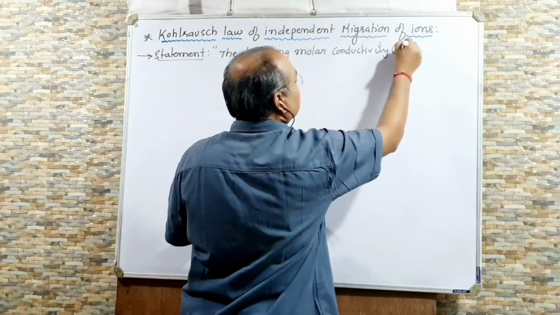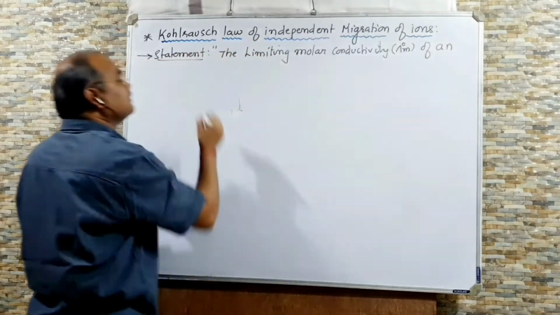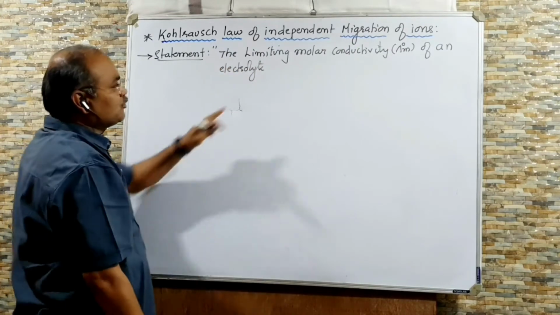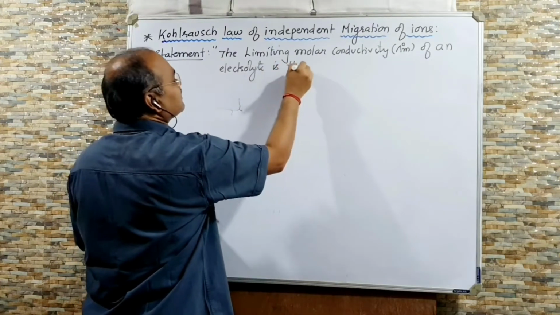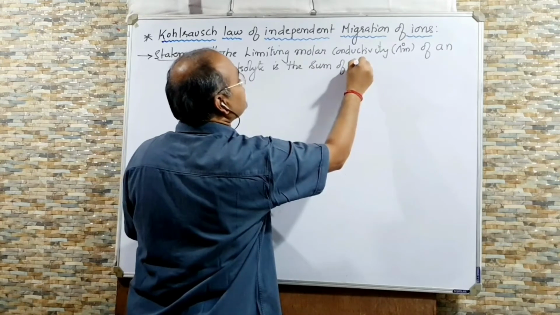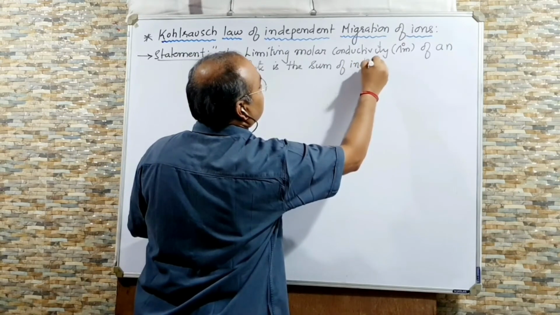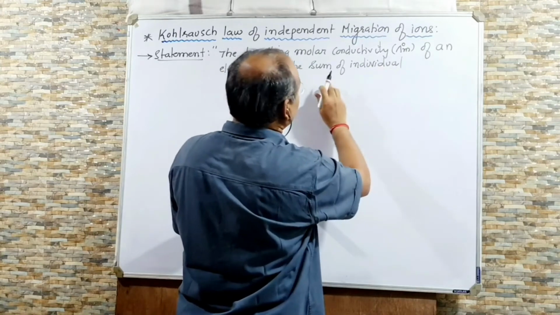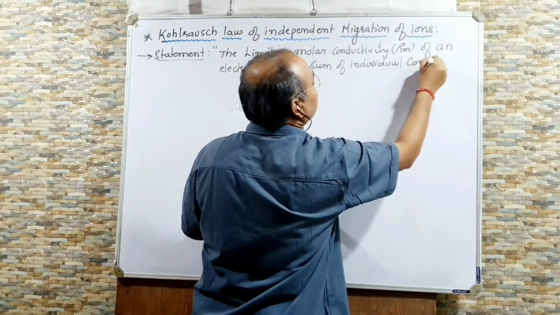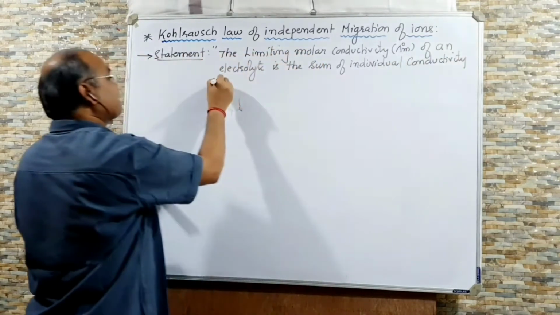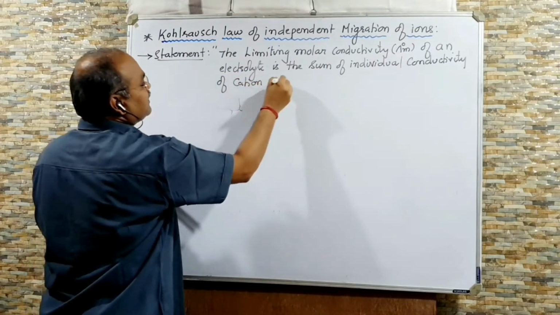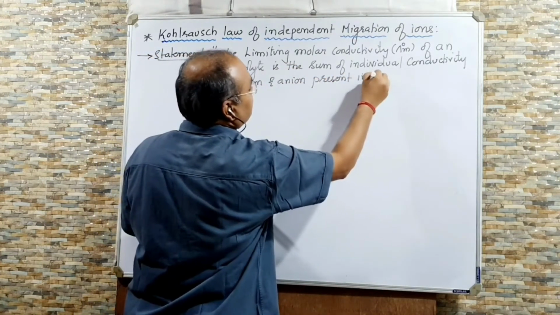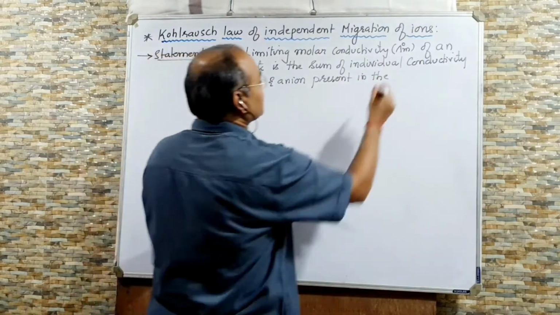Limiting molar conductivity lambda 0 m of an electrolyte is the sum of individual limiting molar conductivity of cation and anion present in the electrolyte.